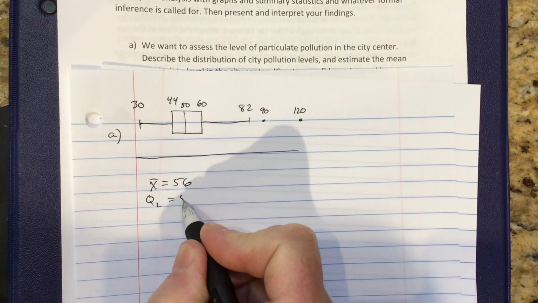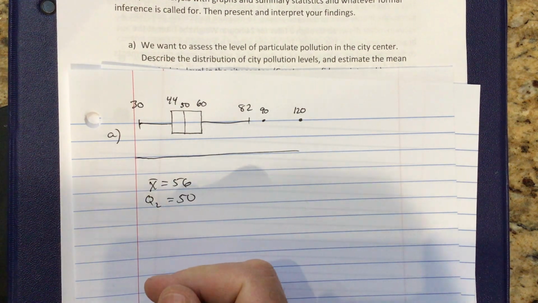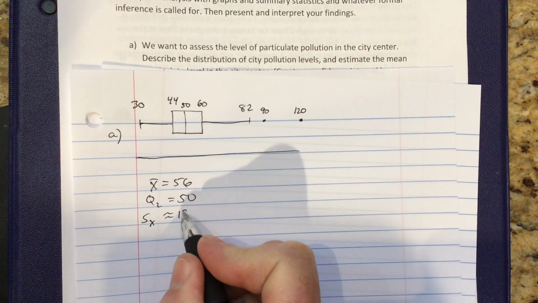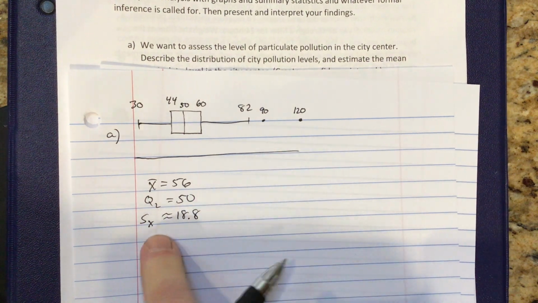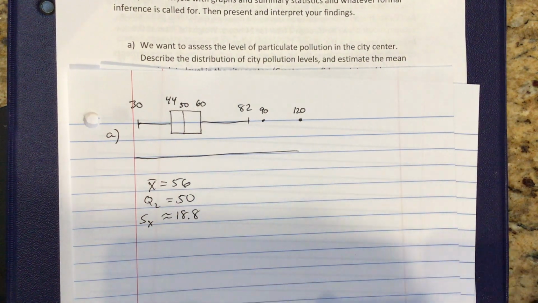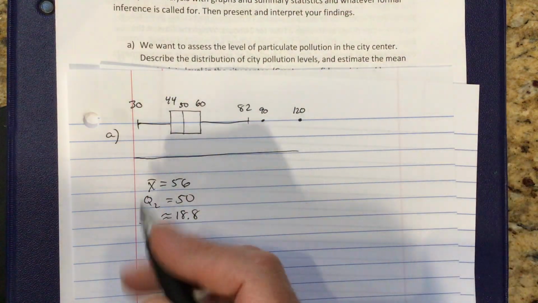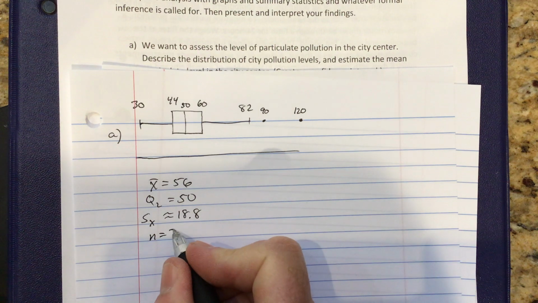Q2, as we mentioned, is 50. S of X, approximately 18.8. But again, when I use this, I'm not going to use 18.8. I'm going to use the value that's saved in my calculator. N is 31.